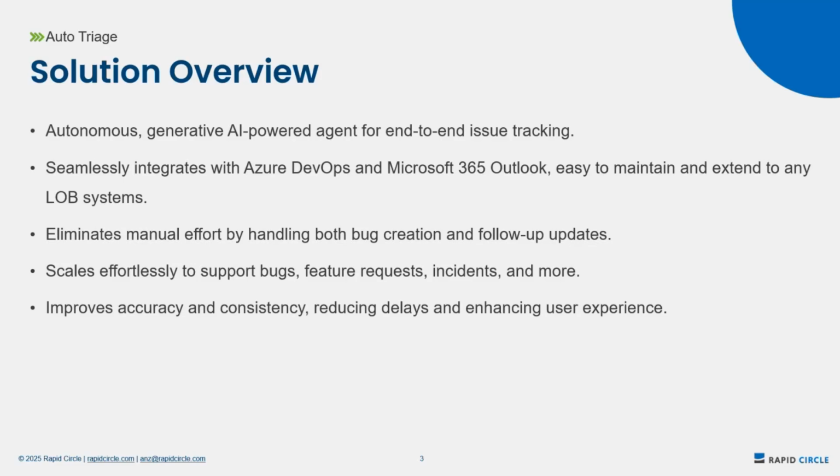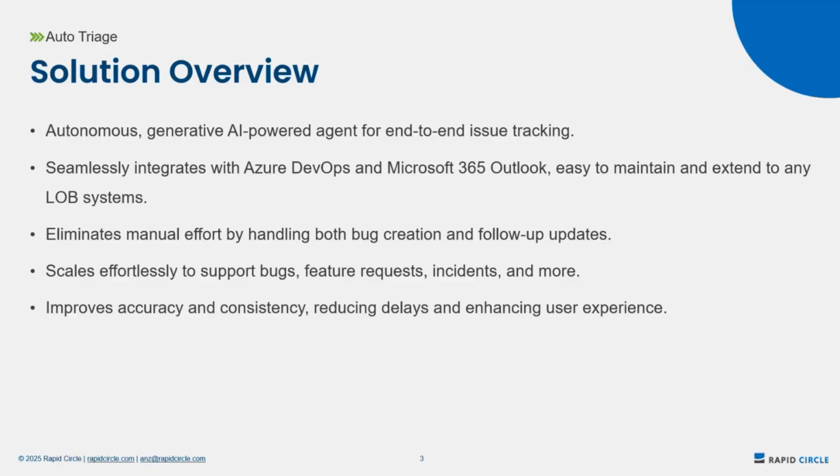So instead of a team of humans spending hours on repetitive work, the AI agent can do it for us. It seamlessly integrates with platforms that you already use, Azure DevOps in this instance for issue tracking, and Outlook for email monitoring.